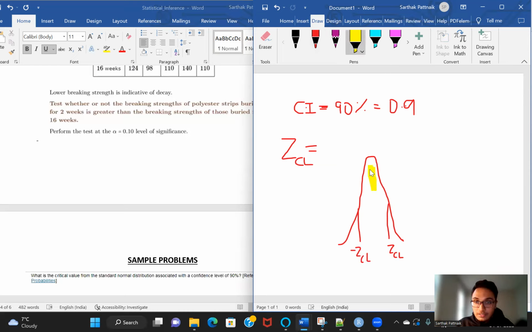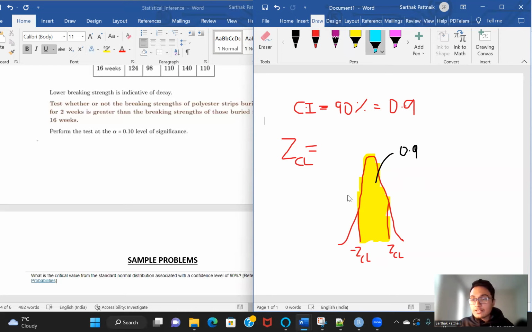And so this area in the middle is nothing but 0.9.